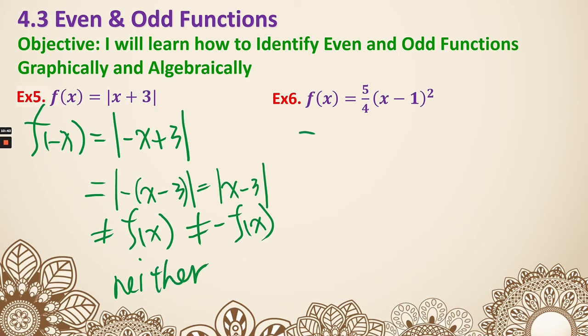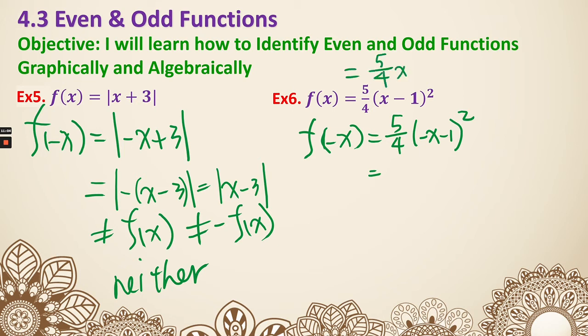Now example 6. Then replace x with negative x. We're going to have 5 over 4 times negative x minus 1, squared. And the best way to evaluate this is if we get rid of the parentheses. For the top one, f of x, if we get rid of the parentheses, it's going to be 5 over 4 x squared, then minus 5 over 2 x plus 5 over 4.